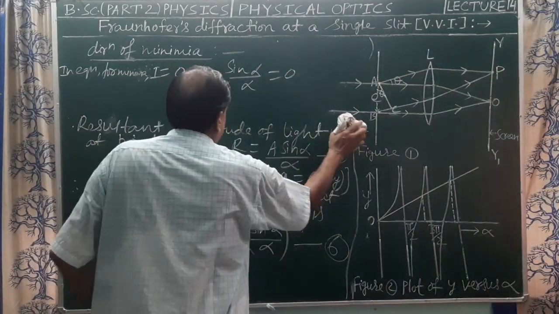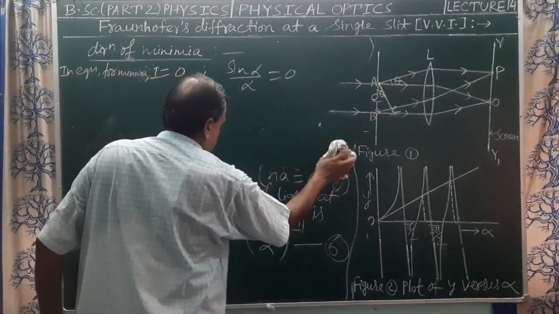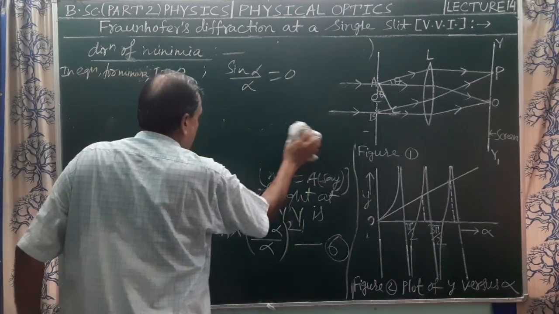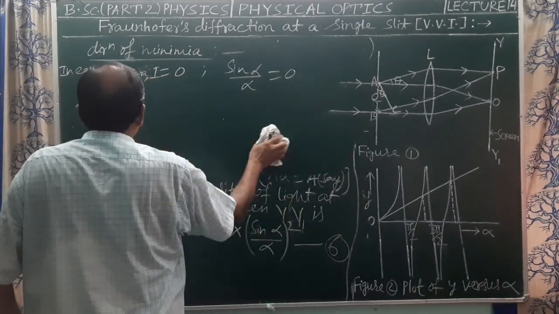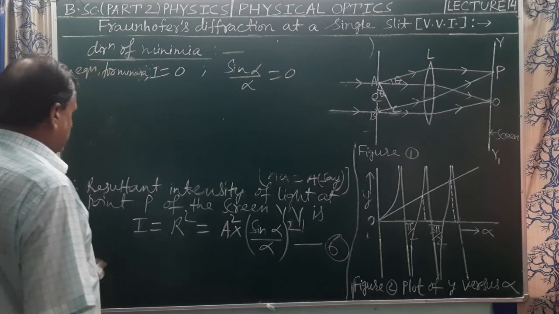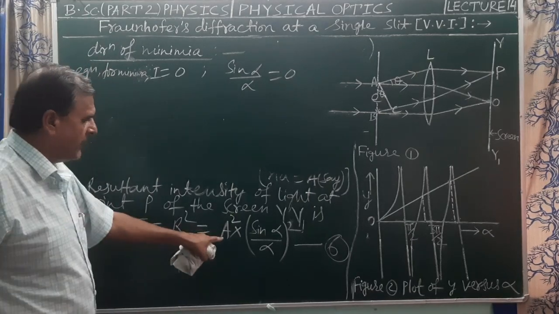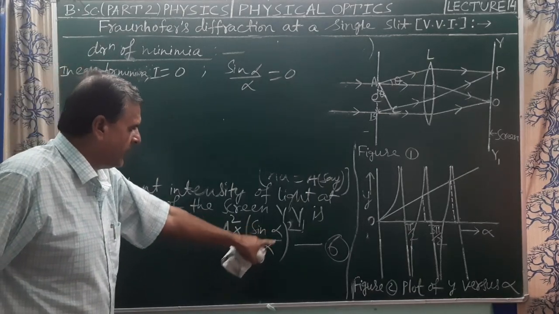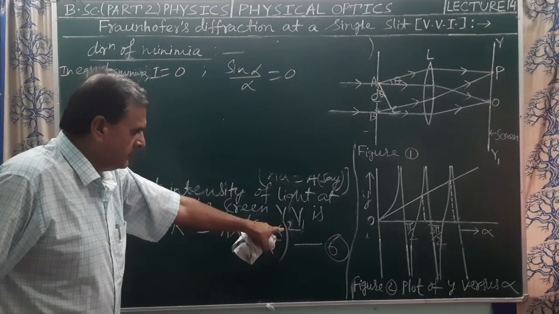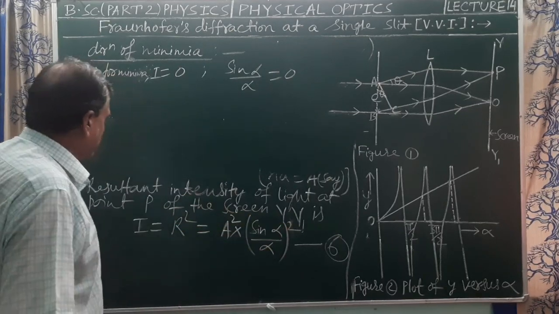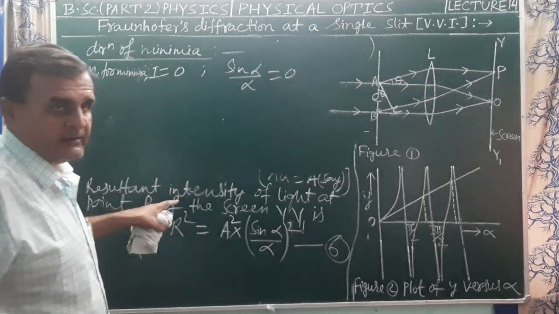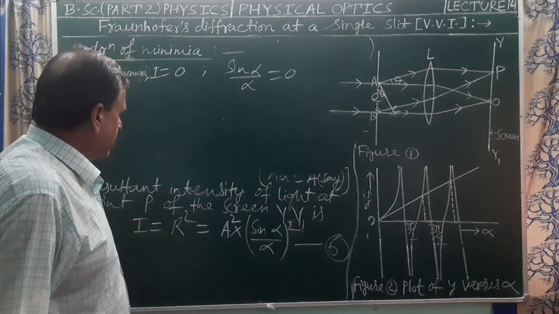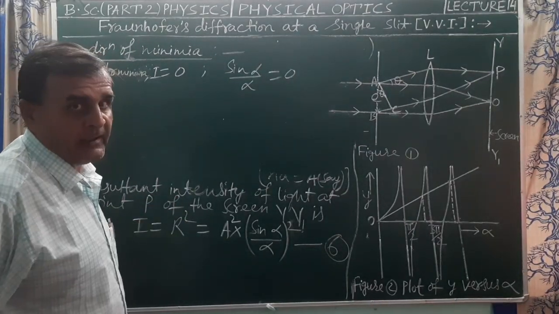So we have in equation 6, intensity of light I is equal to A square multiplied by sin alpha upon alpha to the whole square. And equation 5, the resultant amplitude at point P of the screen, was given by R equals A sin alpha upon alpha.